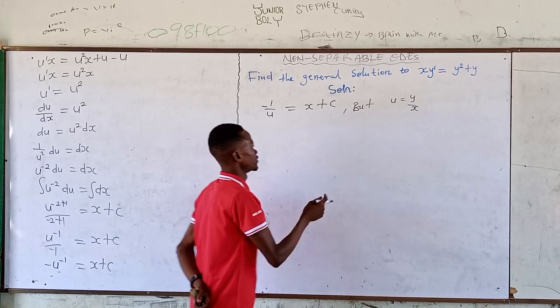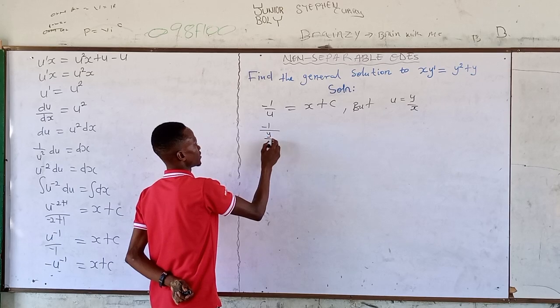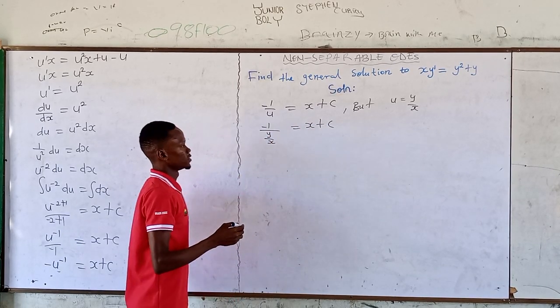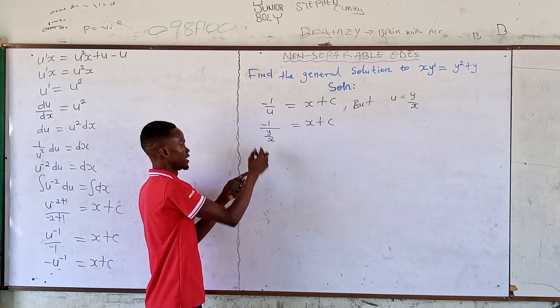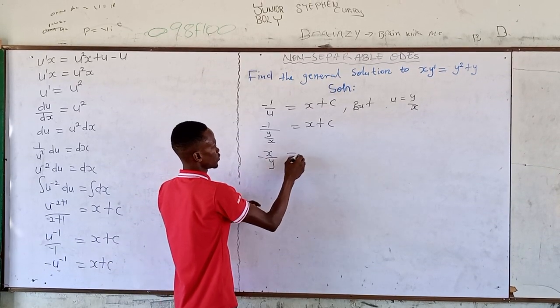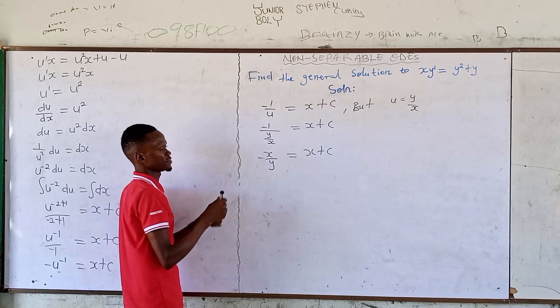So putting y over x here, we have negative 1 over y over x to be equal to x plus c. And so taking the reciprocal of y over x gives us x over y negative to be equal to x plus c. That is from this negative, the negative 1.